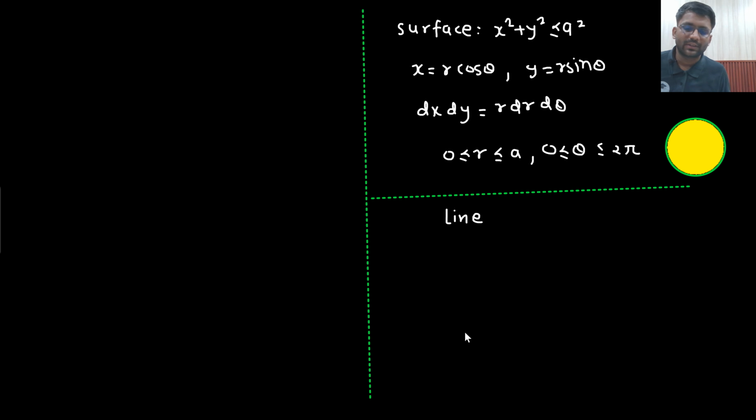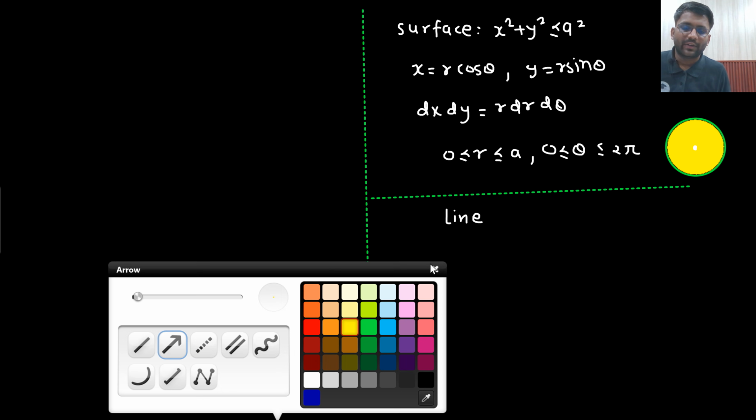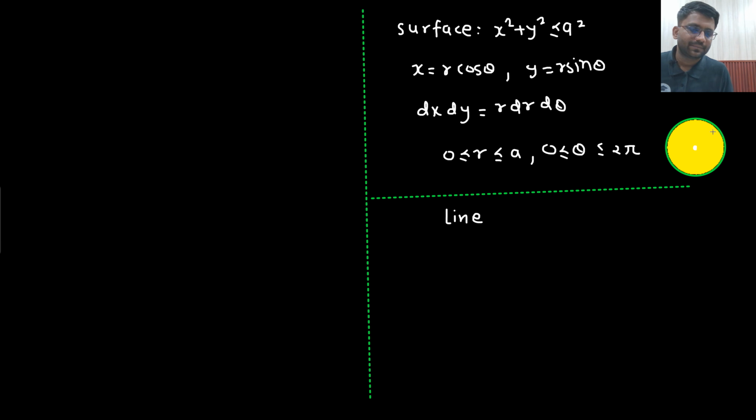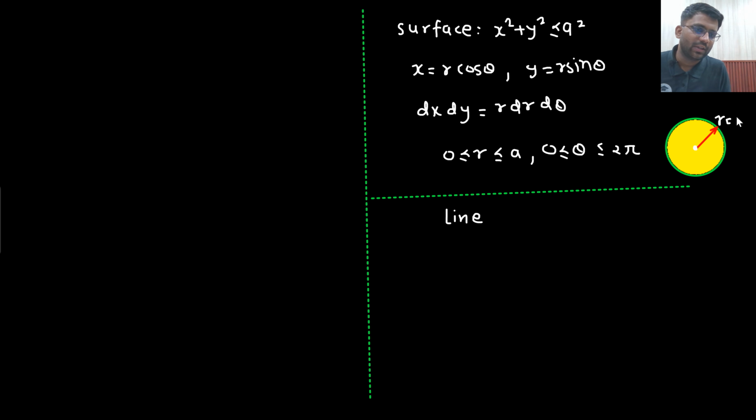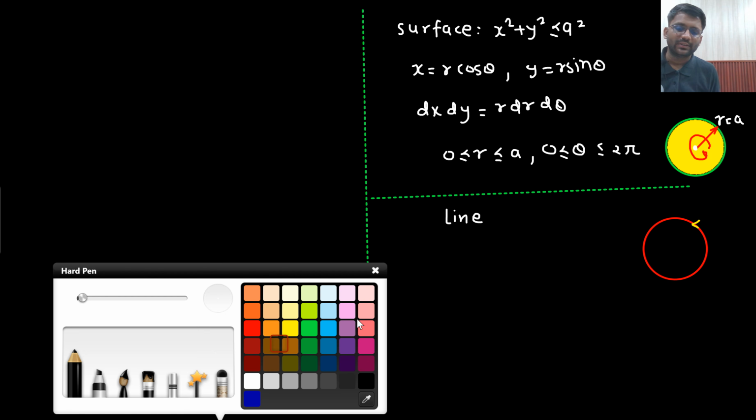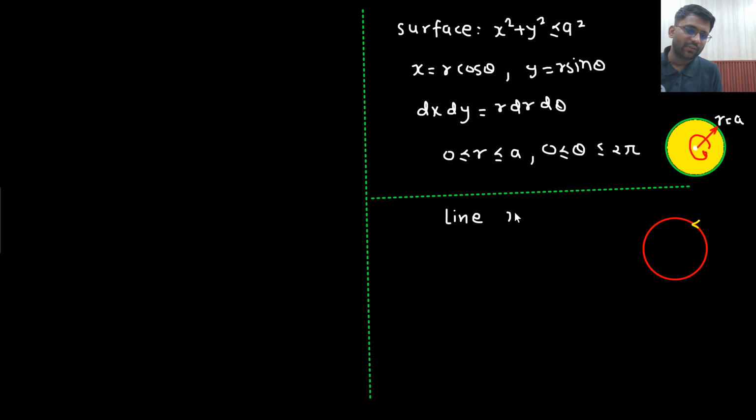This is the meaning of surface, where the value of r was going from 0 to a, r equals 0 to r equals a, and the value of theta was going from 0 to 2 pi. Now for a line, what is a line? This is a line. Since you are at a line, what can you see? For a line, the equation will be x square plus y square equals a square.